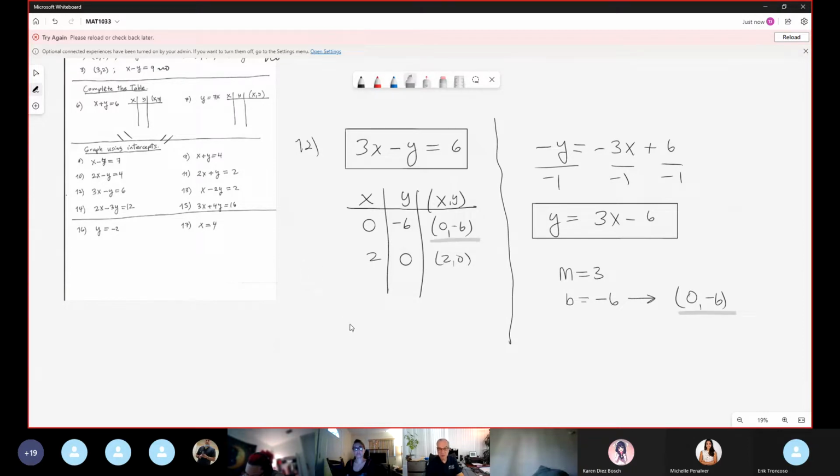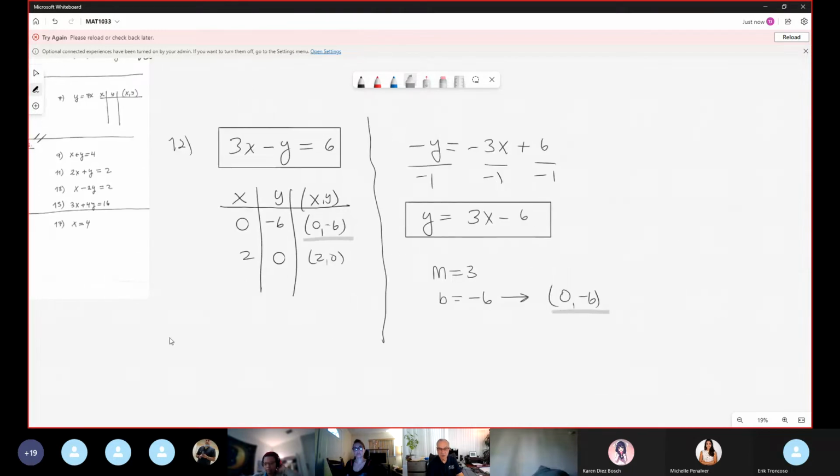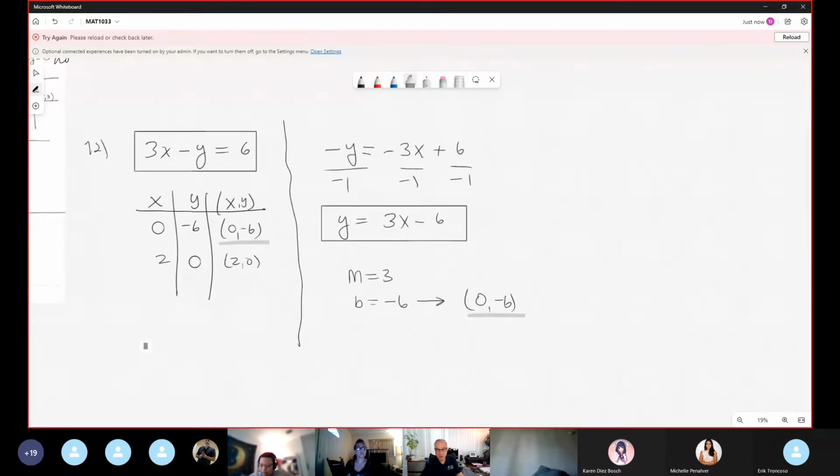But I'm using another way in order to do the graph. I plot this point, 1, 2, 3, 4, 5, 6 here, (0, -6). And I realize that the slope is 3 over 1. It's a whole number.